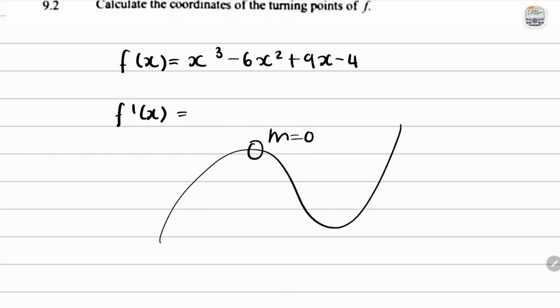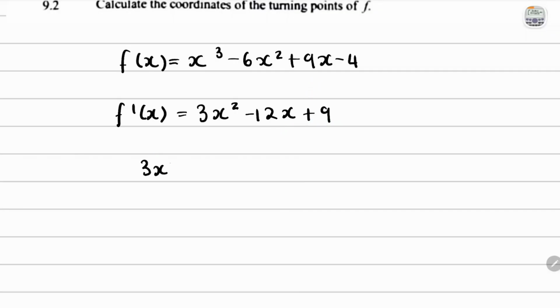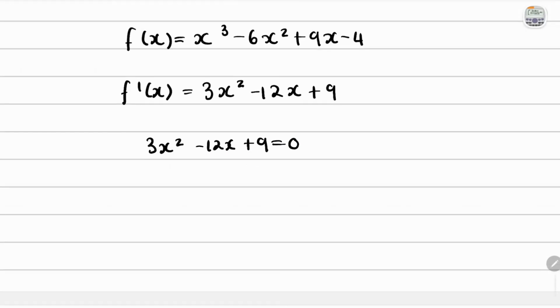So you derive to get the gradient of that function, and then you set that gradient equal to 0. Okay, so let's derive. That's going to be 3x squared, then minus 12x, and then plus 9. And then we set the gradient equal to 0. So 3x squared minus 12x plus 9 is equal to 0.